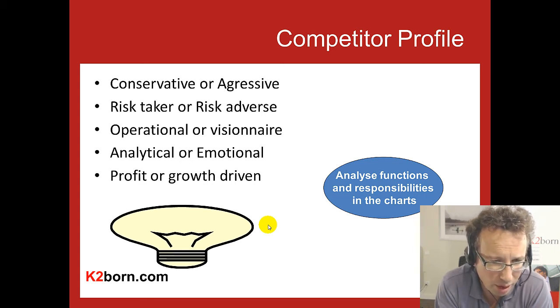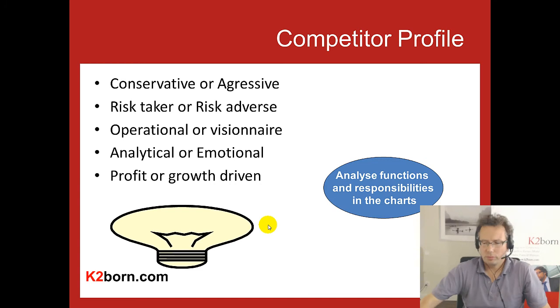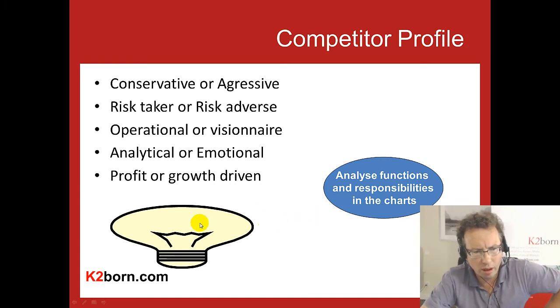Are they the same or different? Well, you will see that for some issues they are similar, and for others they're quite different. Conservative or aggressive? Jobs, aggressive. Cook, aggressive as well, but about launching products, more conservative. Risk taker or risk averse? Again, Jobs, more of a risk taker than Cook.